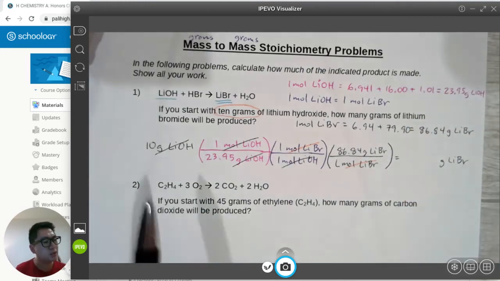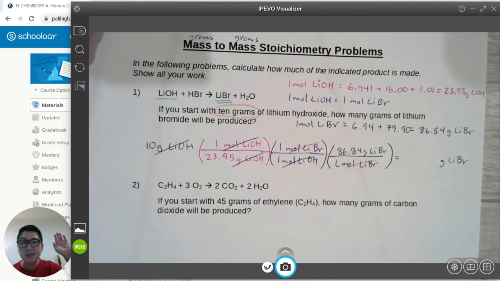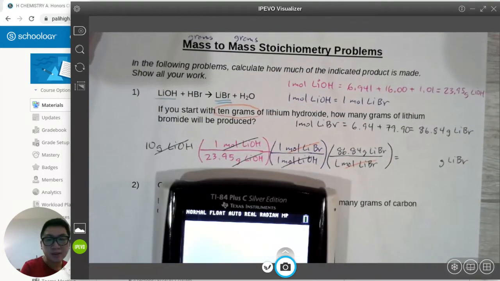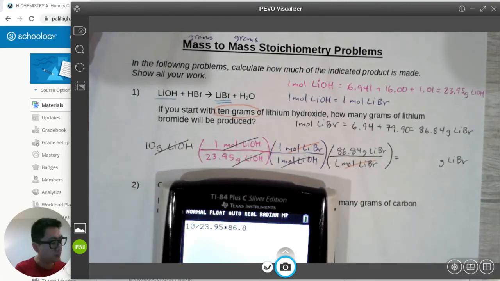But how much? It'll be 10 times 86.84 divided by 23.95. So what is that on a calculator? Let me just do it. We had 10 divided by 23.95 times 86.84.